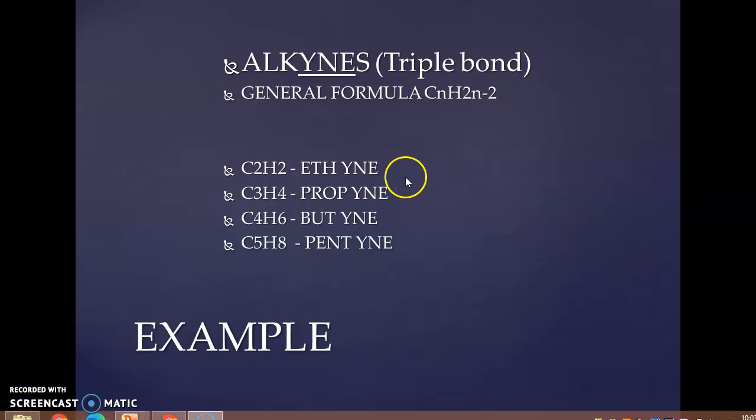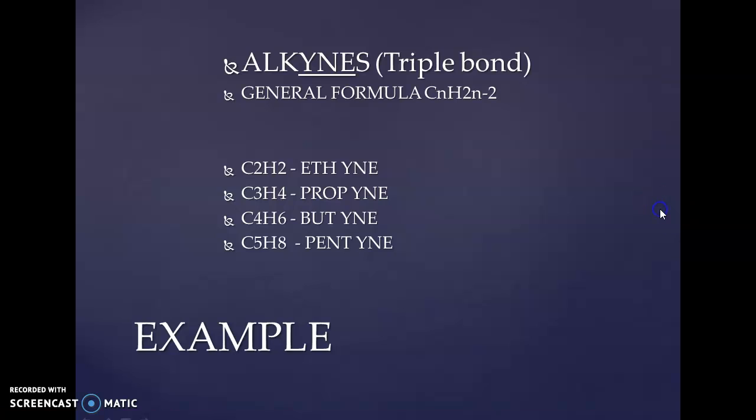Now if you recall the definition of homologous series, it is a list of compounds which have the same general formula and the successive members differ by a CH2 group, that is 14 AMU.